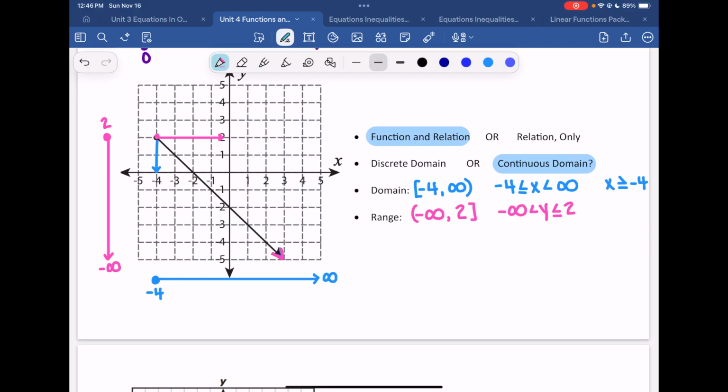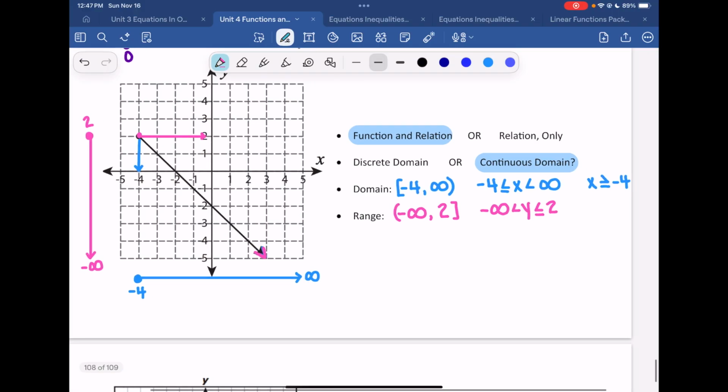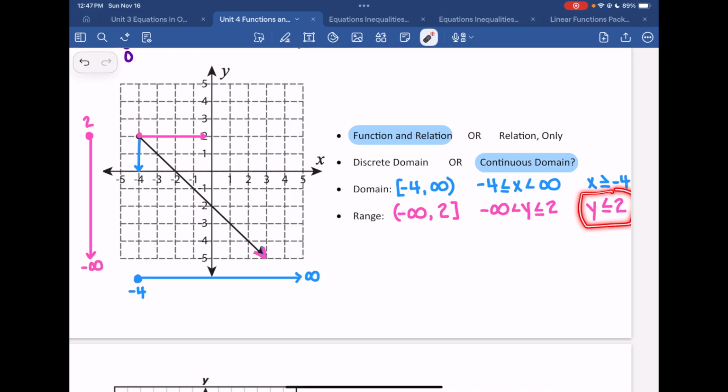Okay, or quite simply, you can just write y is less than or equal to 2. And if you notice, this matches this. Okay? And again, even this one matches this one. It's just that one of them is written backwards. So these are the same thing. They're just written in a different way.